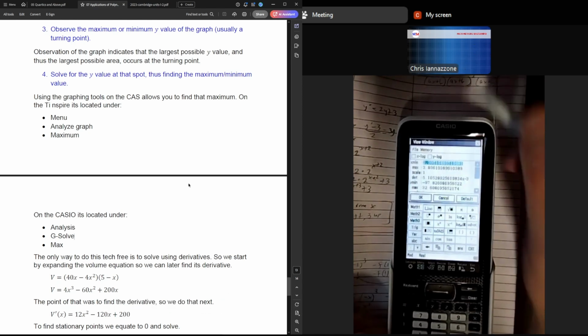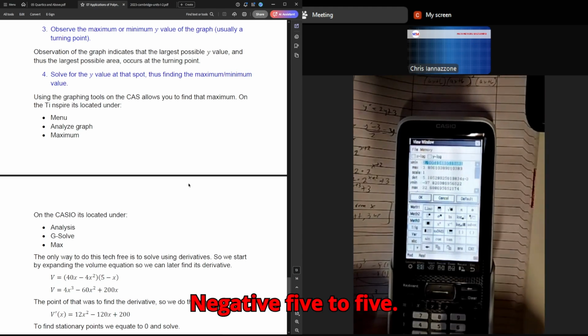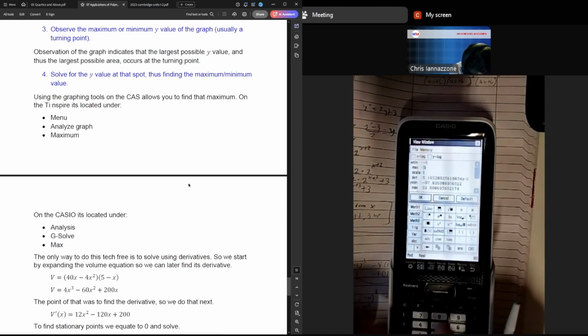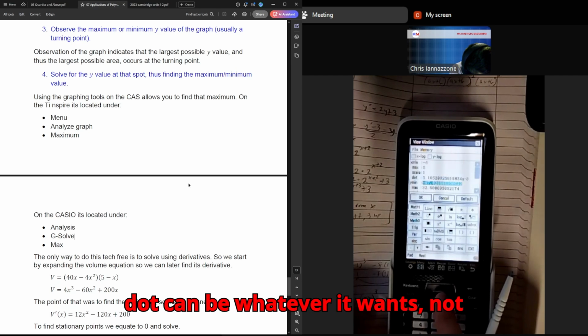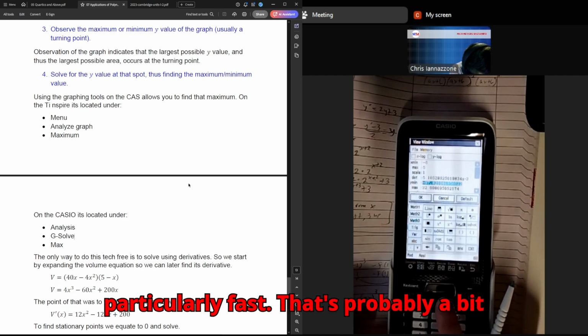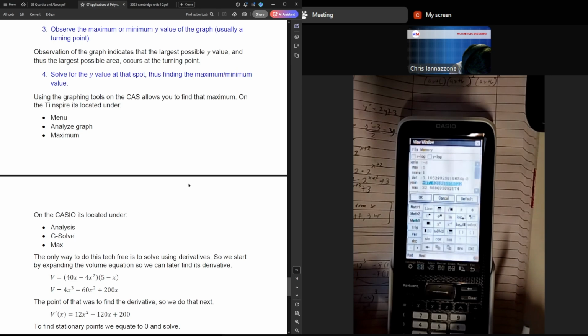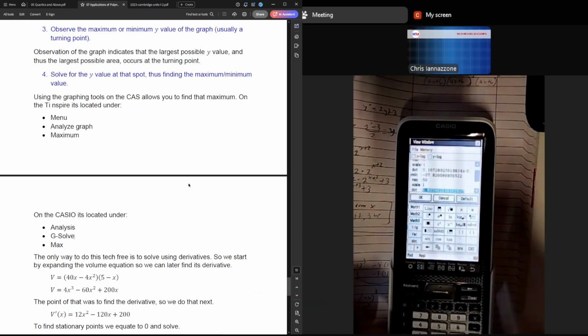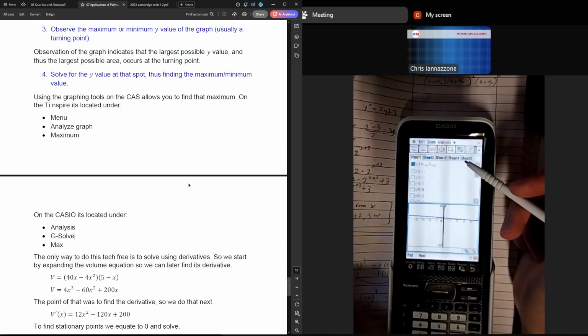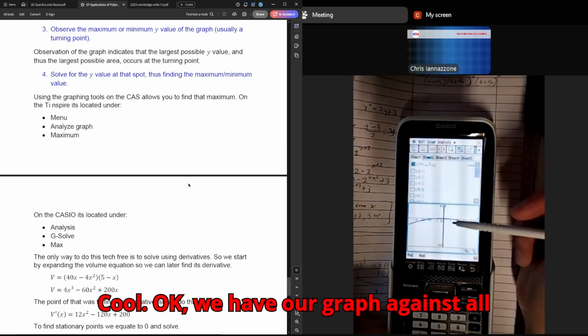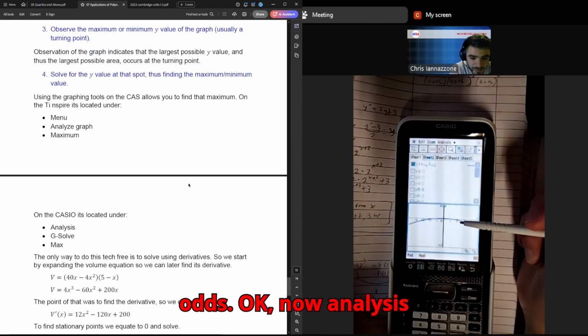Oh yeah, that'll do actually. Negative 5 to 5. Dot can be whatever it wants. I'm not particularly fussed. That's probably a bit tiny. That'll do. Cool. Okay, we have our graph against all odds.